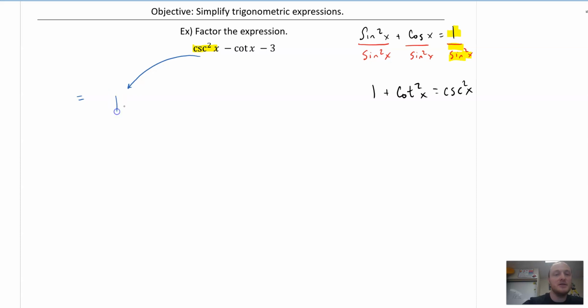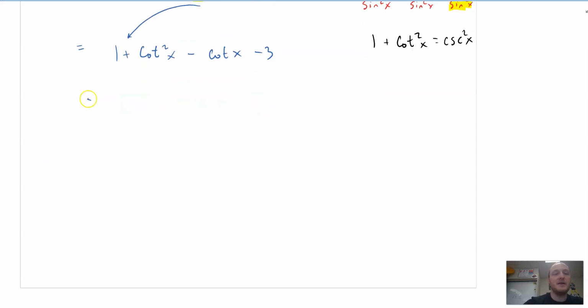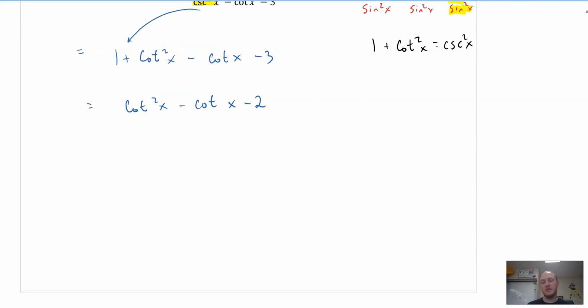Now this is 1 plus cotangent squared x minus cotangent x minus 3. After I clean this up, what you should see now is that my two trig functions match: cotangent squared x minus cotangent x minus 2. And now I can treat it like a quadratic trinomial structure.